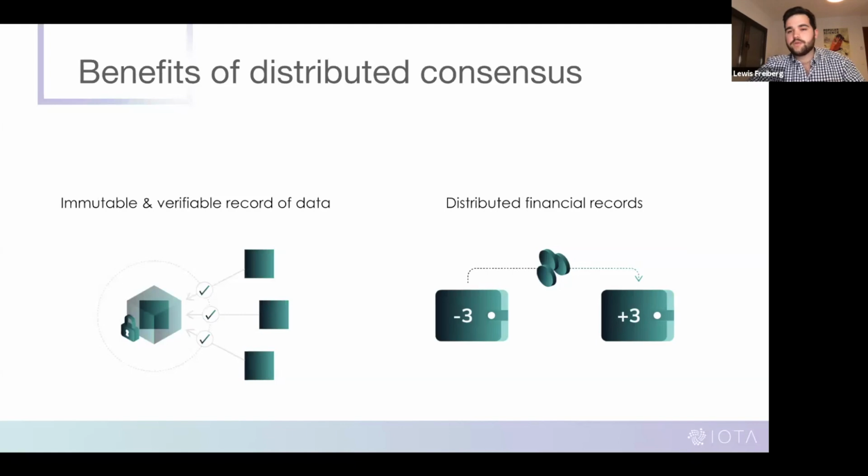And where this becomes quite useful is that you can start to think about having distributed financial records. A lot of the different use cases that you could think of, like Bitcoin and other types of cryptocurrencies, are enabled by a distributed ledger because of that immutable and verifiable record, but also that single source of truth, knowing who owns what and where the state of the ledger is.